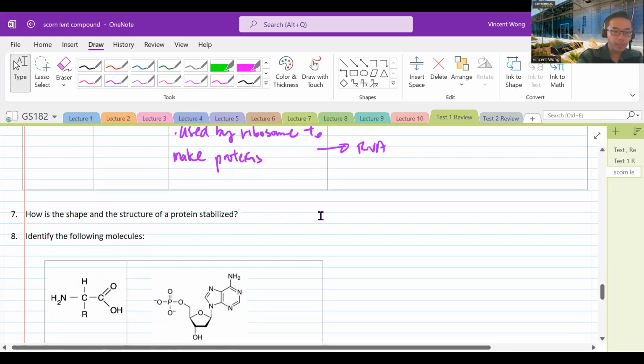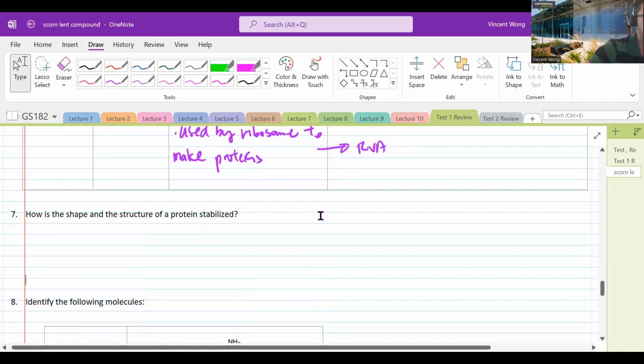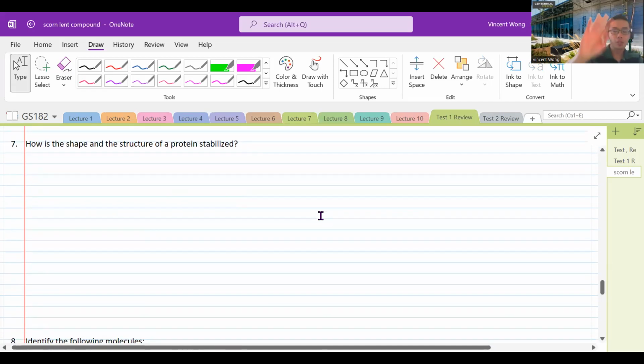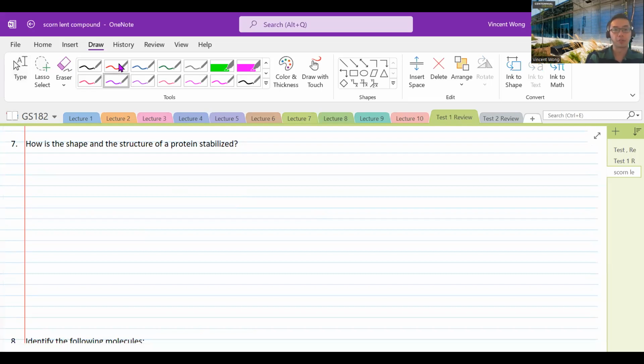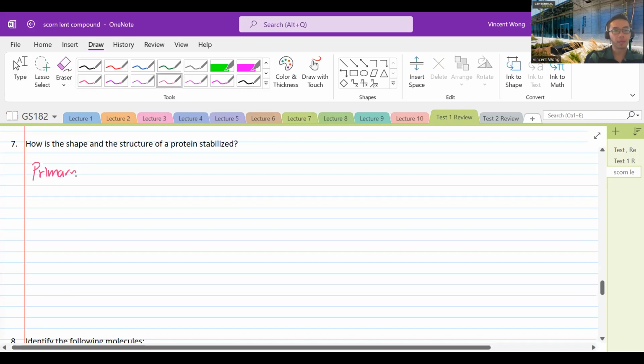How is the shape and the structure of a protein stabilized? This question talks about the 4 levels of organization for protein. So we start with the primary structure. The primary structure is where we take the individual amino acids and connect them together.